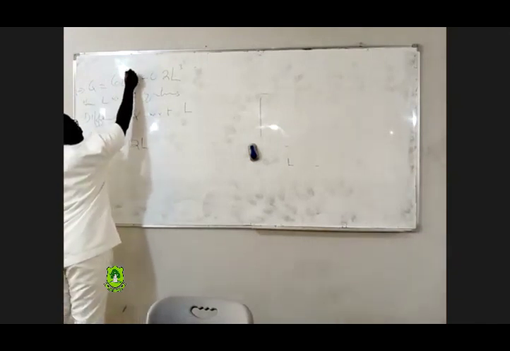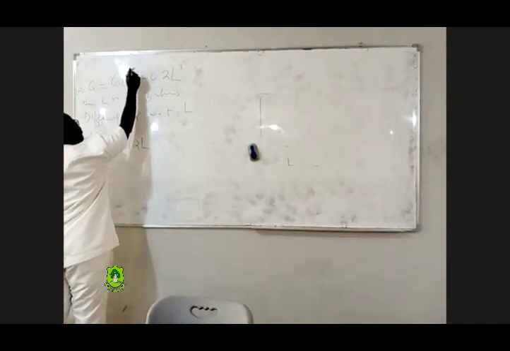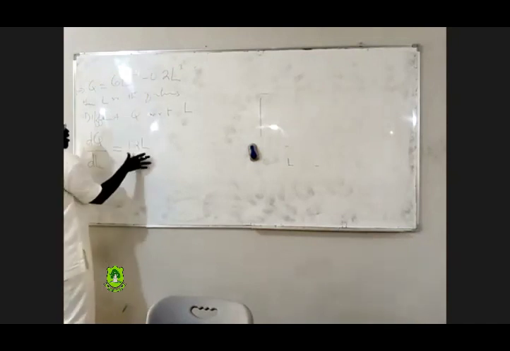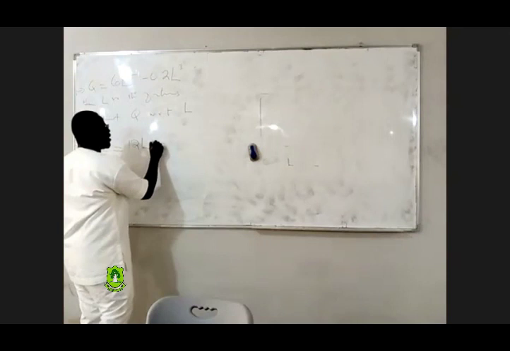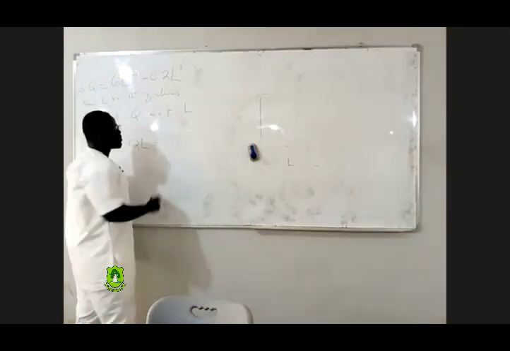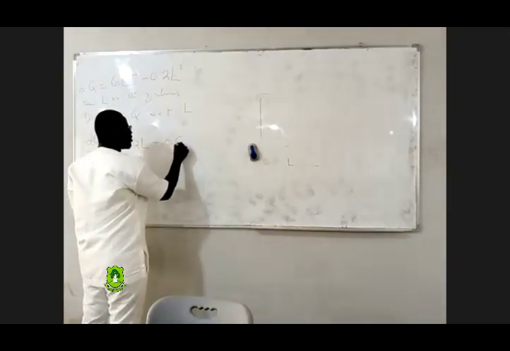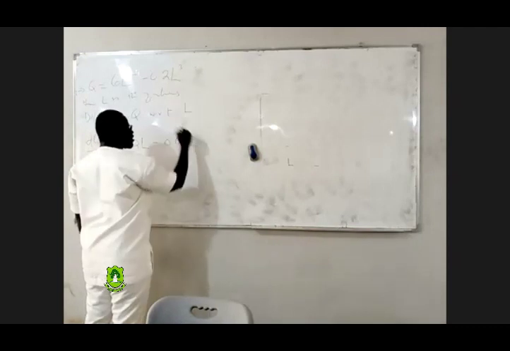Are you getting it? Because I wanted only this one. So here is 12L. Remember, it is these two times 6 minus 1. So that's why we are getting 12L. So here will be 0.1, 6L squared.